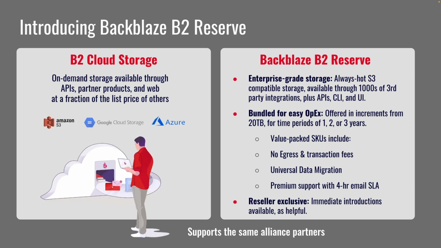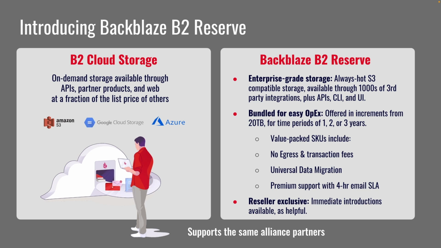So we have two different types of offerings when it comes to our storage. We have consumption, which is pay as you go, and that's at $5 a terabyte. And then we have B2 Reserve. That's capacity-based storage. You're purchasing a block of storage in the cloud, and that starts at a 20 terabyte block.